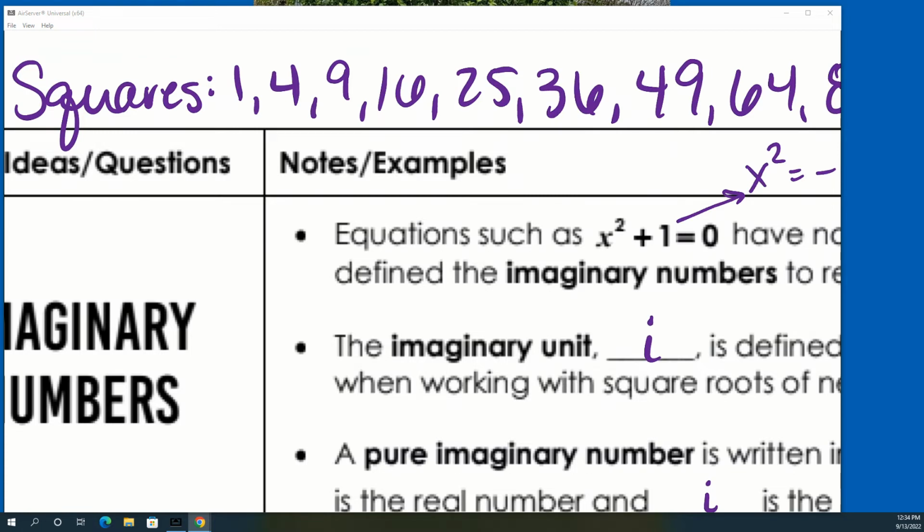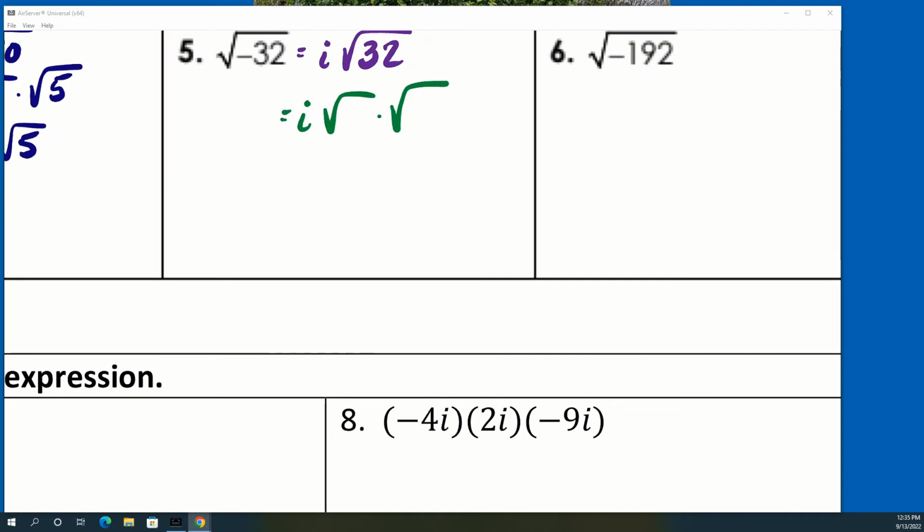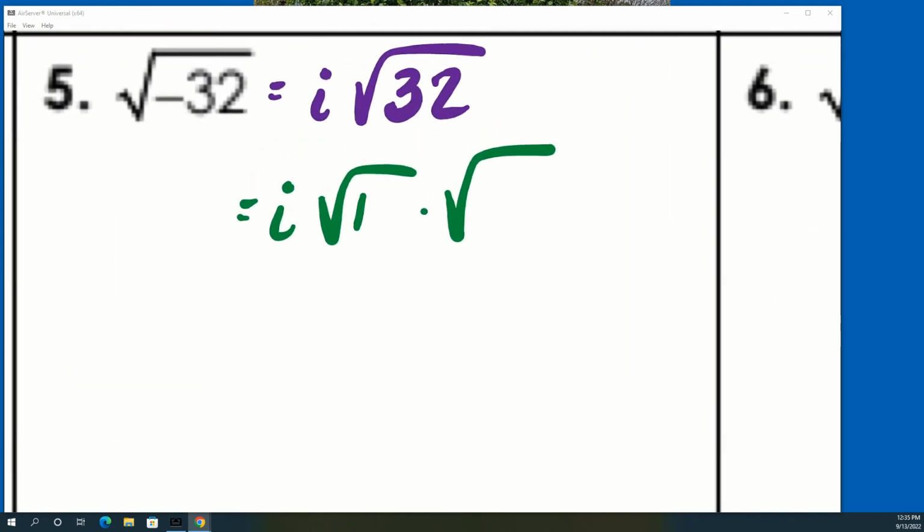What do y'all think? There's 2 of them. 4 does, but there's actually one that's bigger than 4 that goes evenly into 16. So we can break 32 down to 16 times 2.